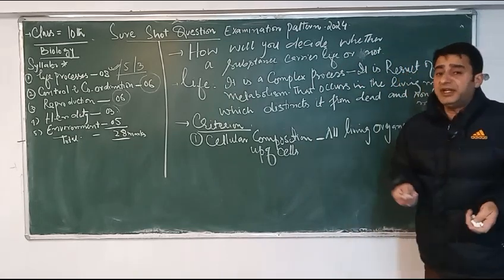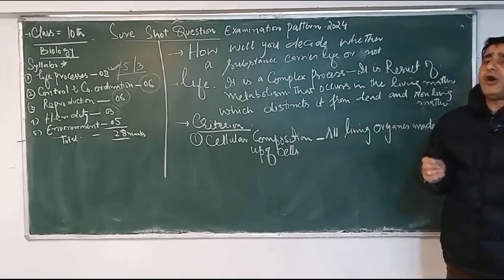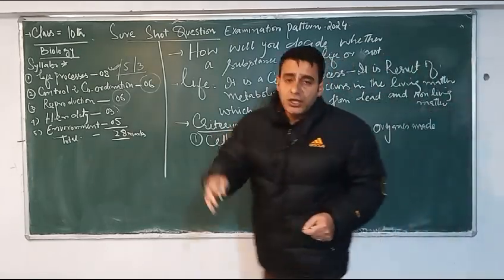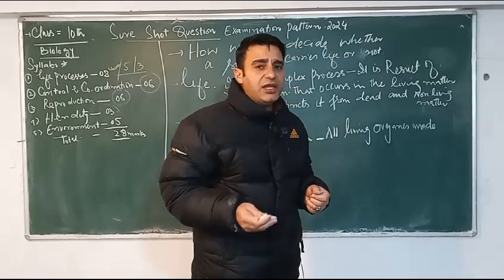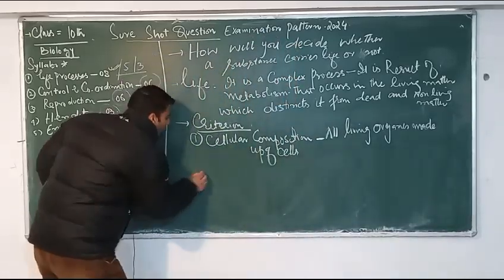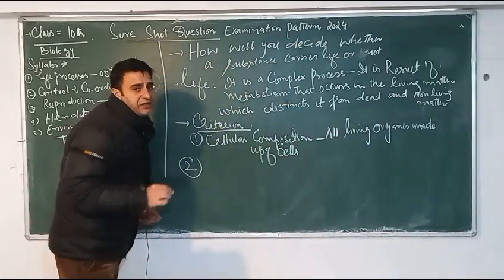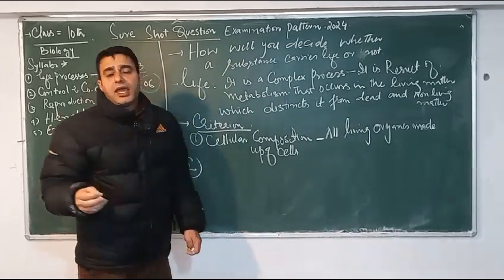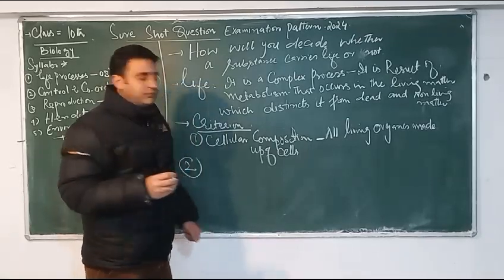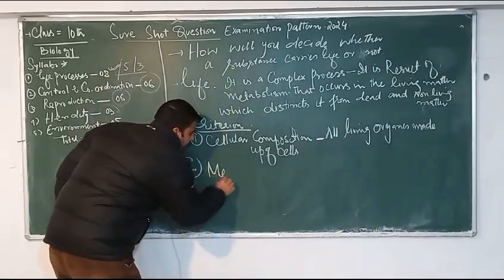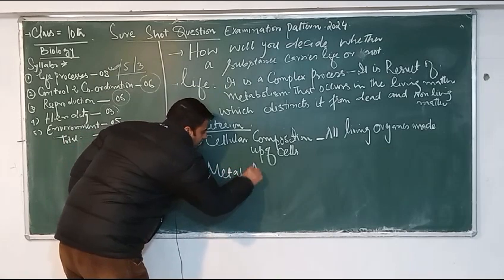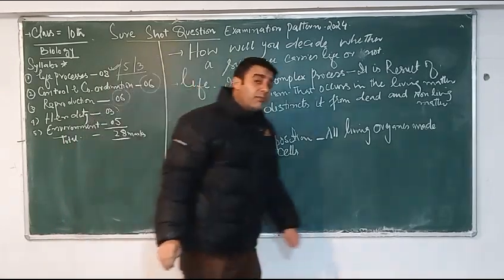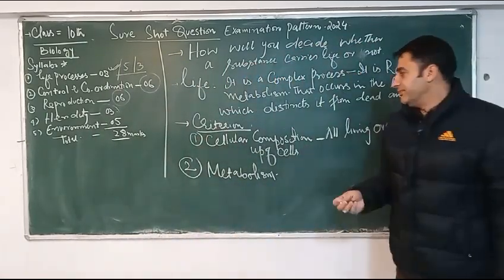Now, for the second criterion, we cannot decide only on the first criterion, that is cellular composition. We have to use the other criteria as well to decide whether it is living or dead. The second criterion is active metabolism. What is metabolism?